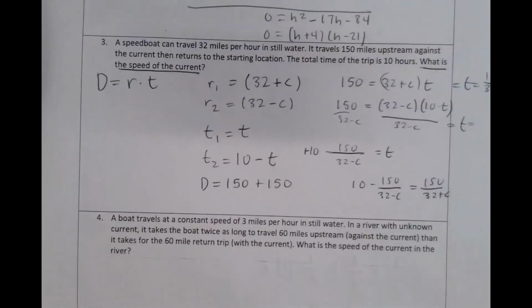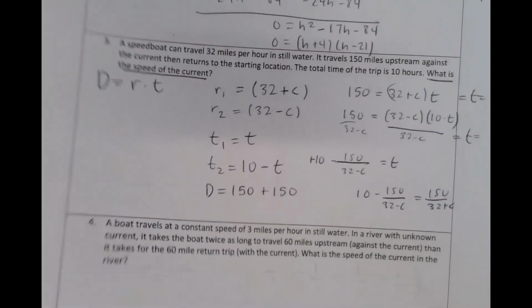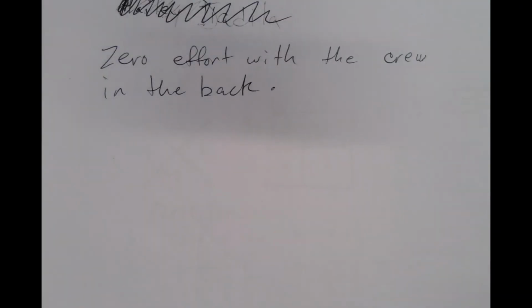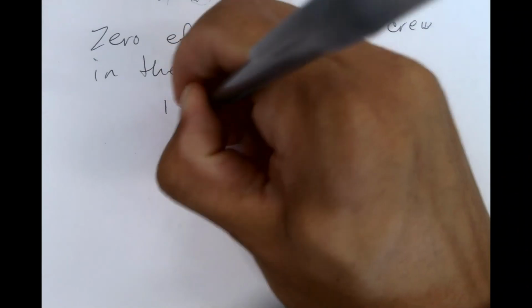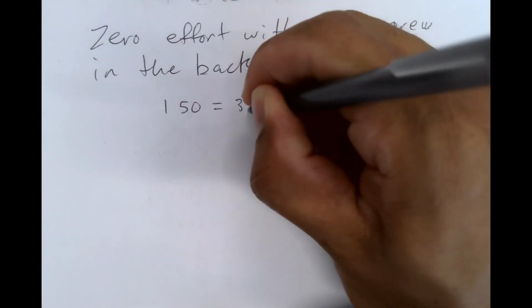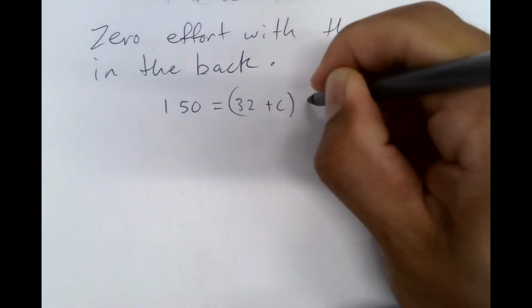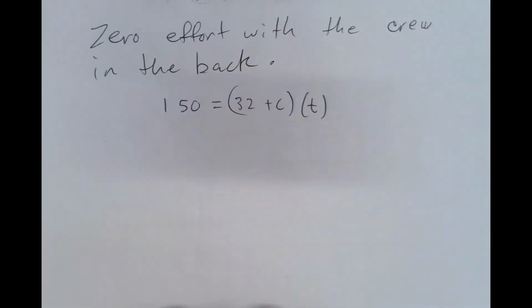So what I did is that in the second equation, I solved for t, and in the first equation, I also solved for t. So let's take a step back. For the first one, I saw that 150 equals 32 plus c. And the biggest problem here is I have two variables. So what I want to do is eliminate solving for two variables, because I can't really solve it that way.